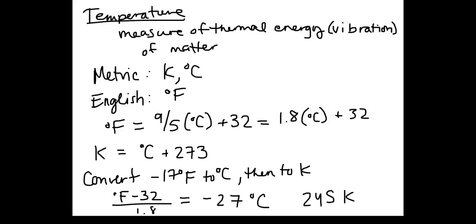There's one more thing I want to talk about in terms of conversions between these 3 units. If you think about the scale of Celsius from 0 to 100 degrees, 0 degrees Celsius to 100 degrees Celsius, that delta T is 100 degrees. Delta T just means change in temperature. So delta in the sciences means change.